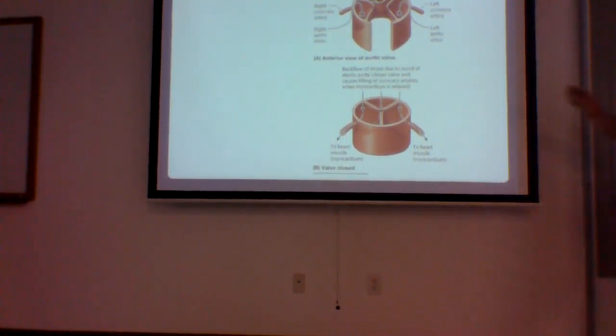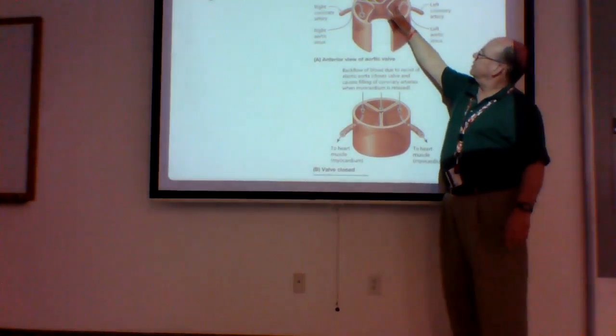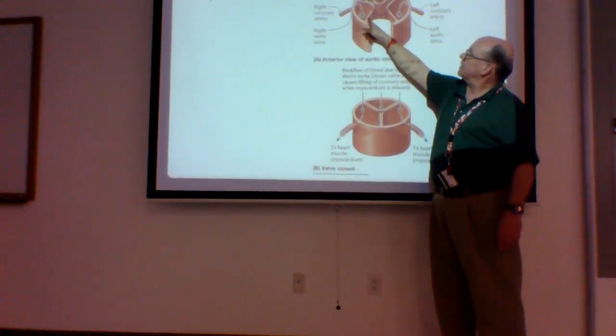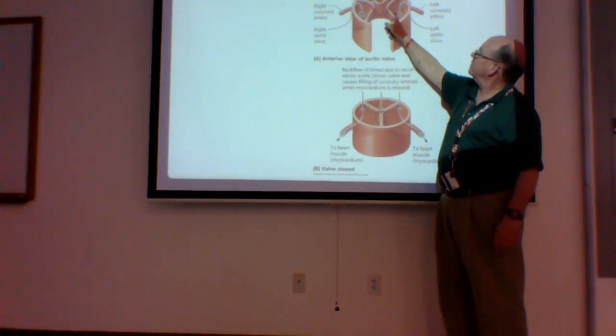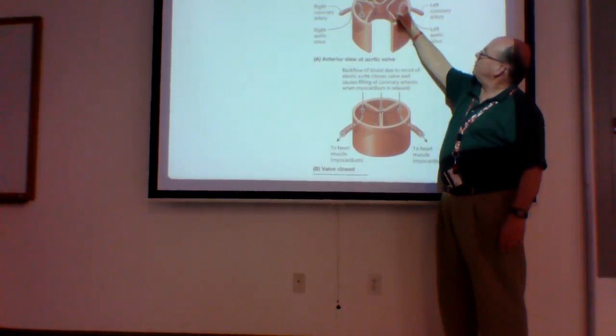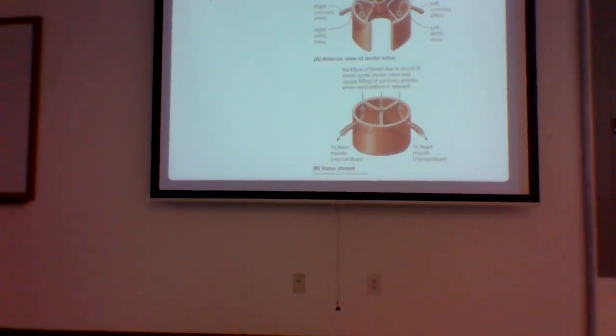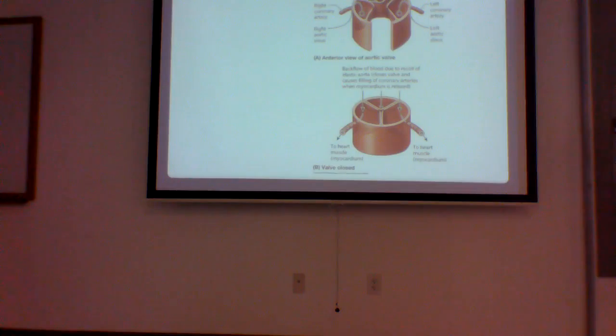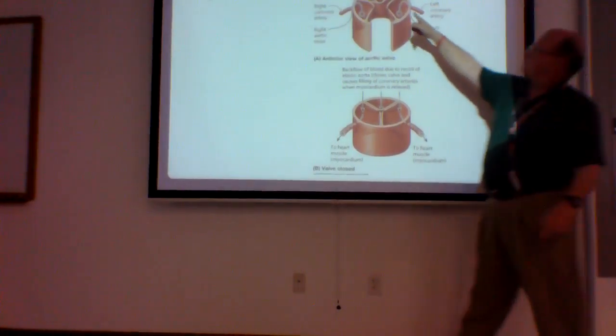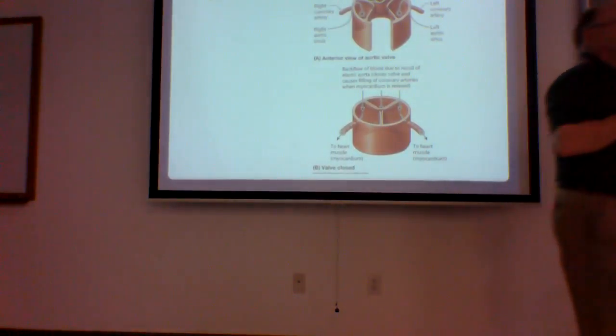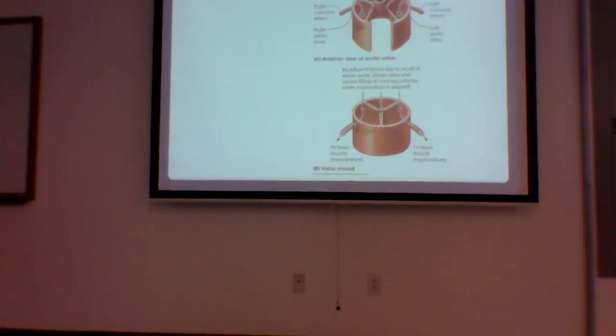We see the position of the left and right valve and the opening to those two coronary arteries, that they lie behind within the sinus of each one of those valves. And you look at this posterior valve, there's no artery in there. Okay?